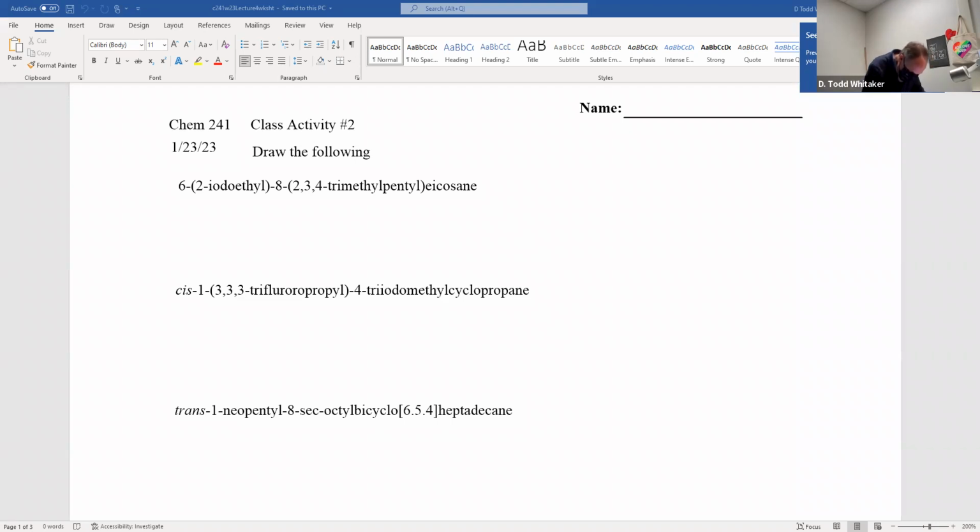Make sure it goes all the way. And then on this one, I'll draw dash to the neopentyl and wedge to the sec-octyl. Make sure that's 8 carbons. 1, 2, 3, 4, 5, 6, 7, 8. Good. Both of those are getting full credit.